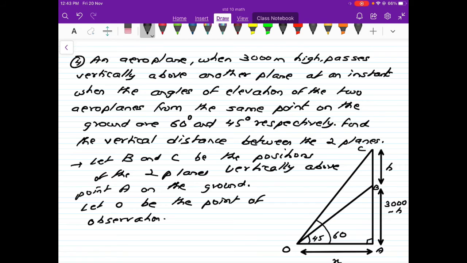Okay, so now what is given to us? AC, the plane is flying at a distance of 3000 meters from the ground.